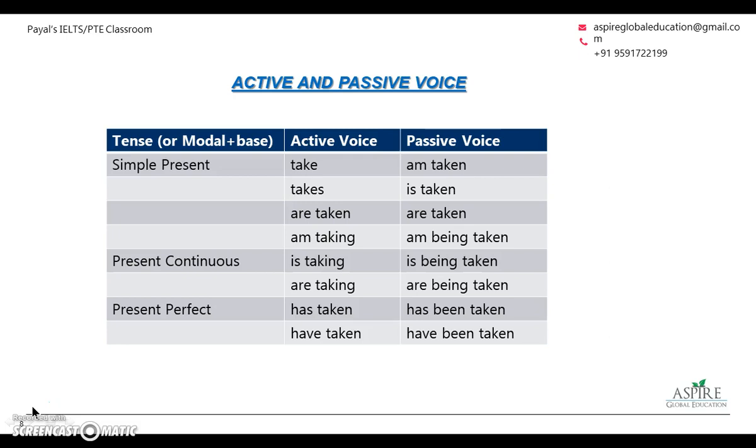So I will have to change my tense because in my active voice, my subject came first, my object came in the end. So if I reverse and bring my object in the beginning, there has to be certain changes in the sentence so that it is still meaningful. So, for example, I take a break after every 2 hours.